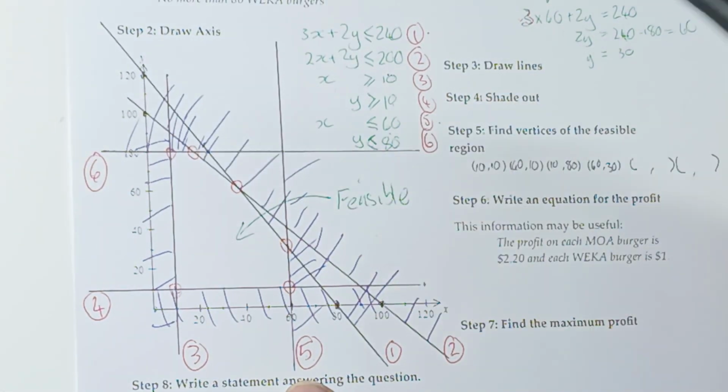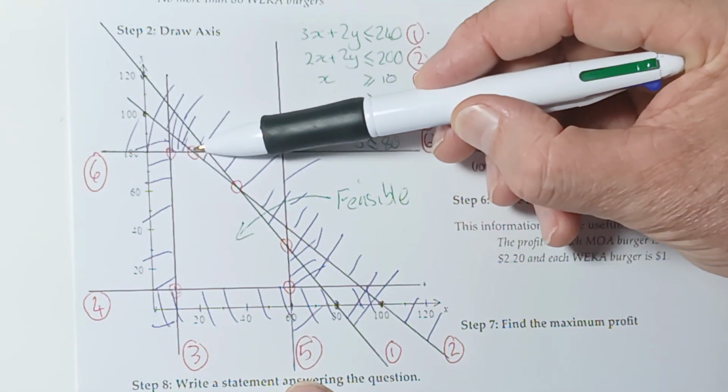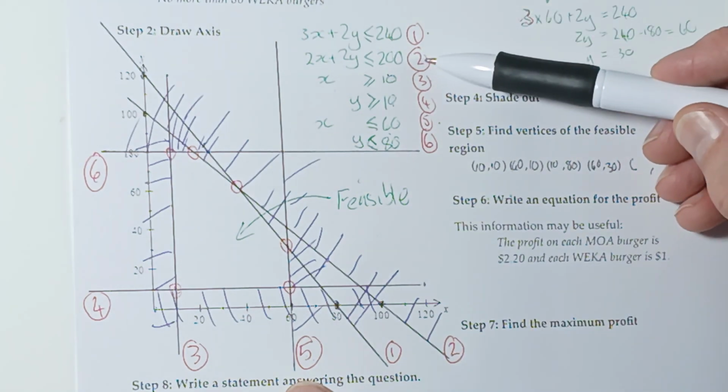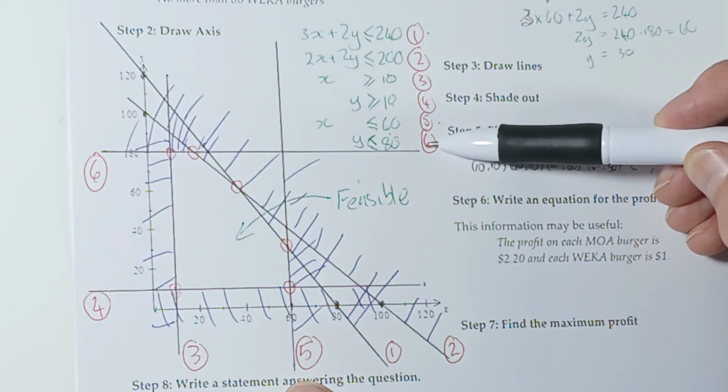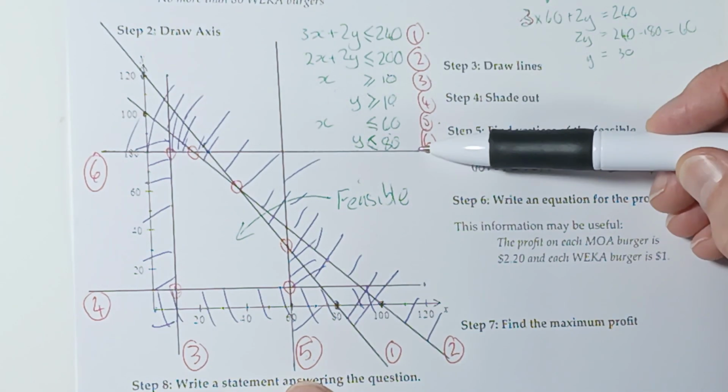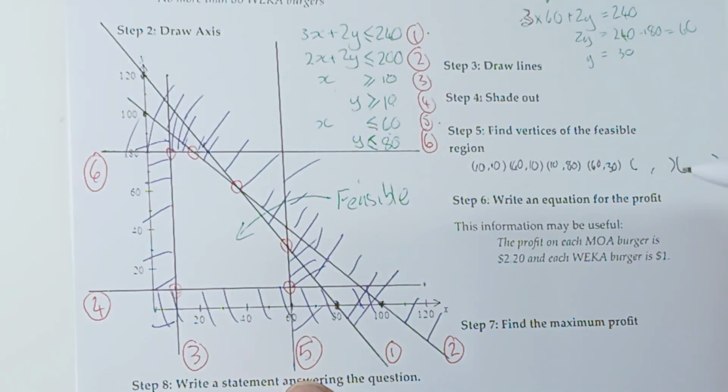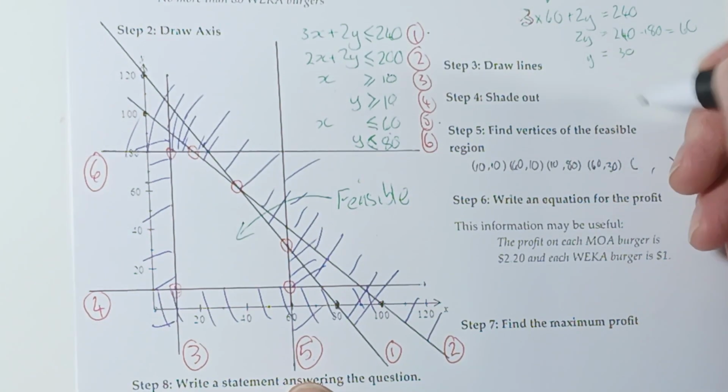Similarly for this point here, that's constraint number 6 intersecting with constraint number 2. So constraint 6 is y equals 80, or less than 80, and constraint 2. I'm just going to do that little bit of working here.